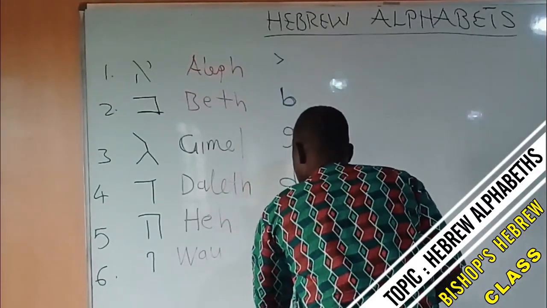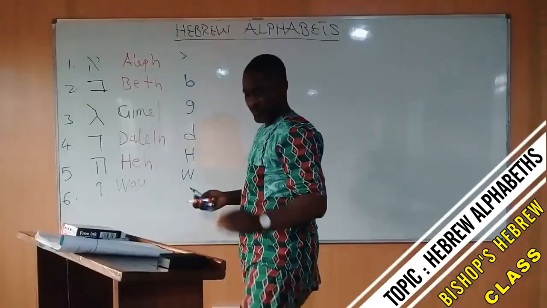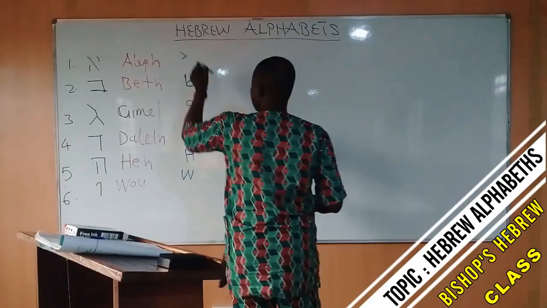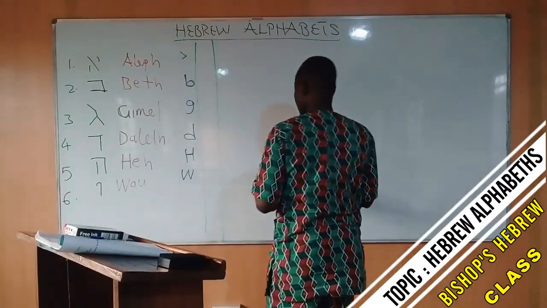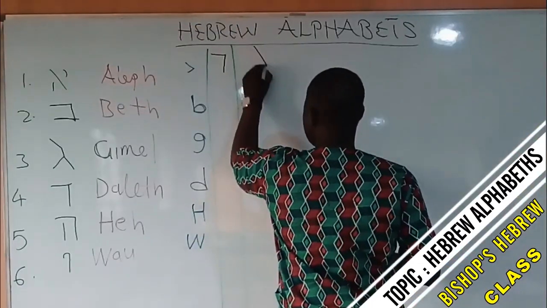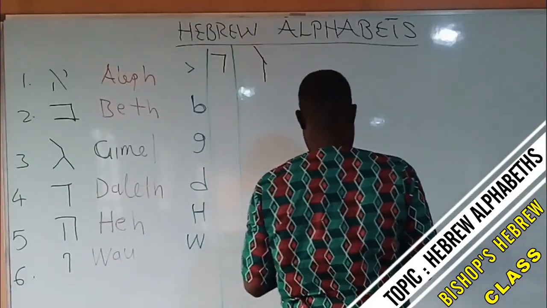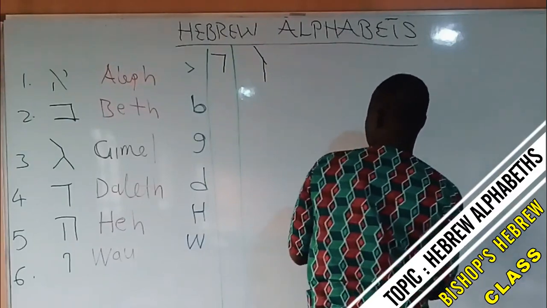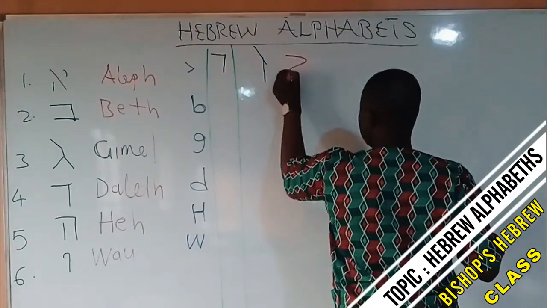It stands for W. The seventh letter, Zayin, which is a Z.